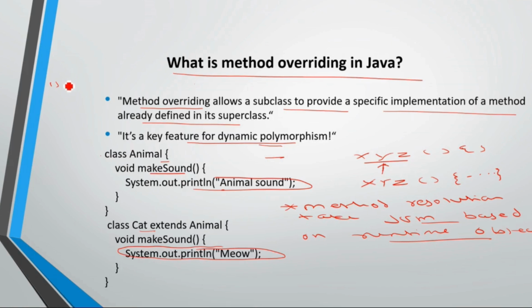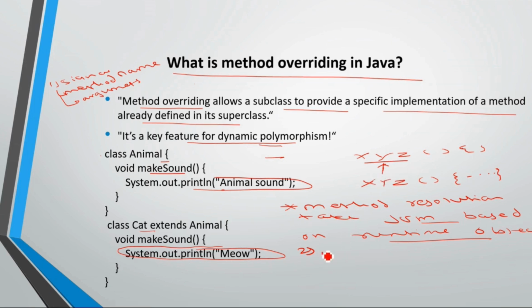In overriding, the signature should be the same. Signature means method name and arguments. These need to be the same. Okay, so this is the first rule. Let us check the second rule as well. The second rule says we can't override a private method, right?